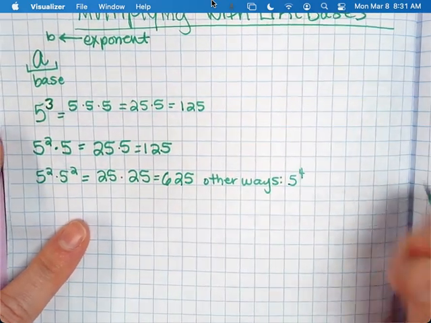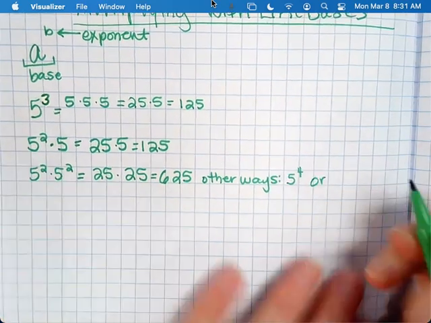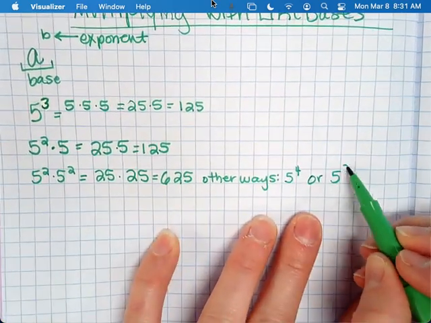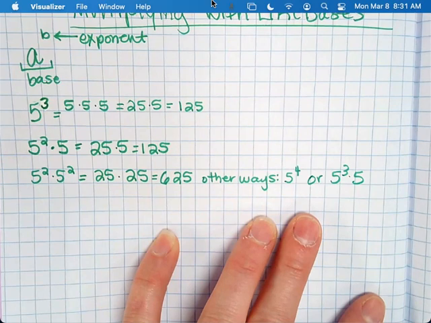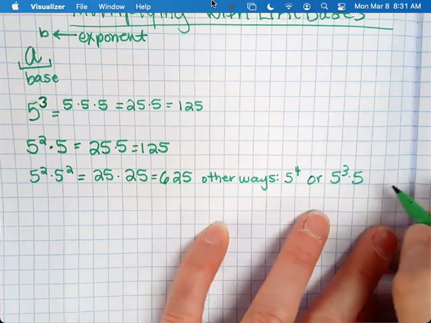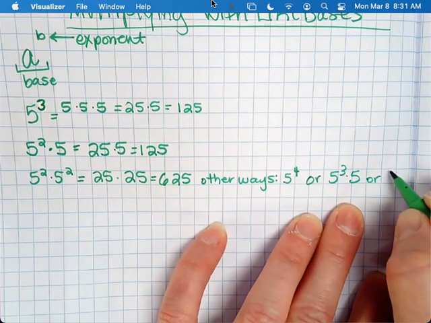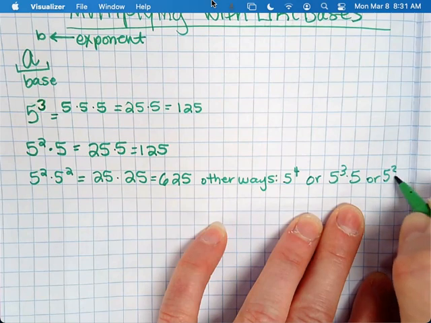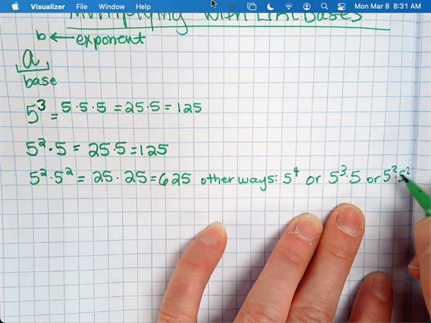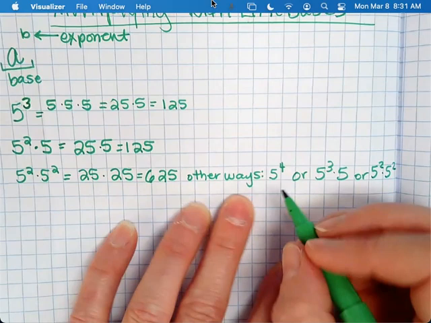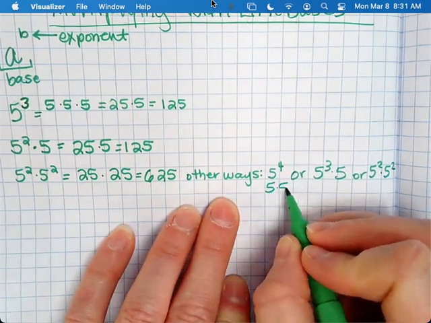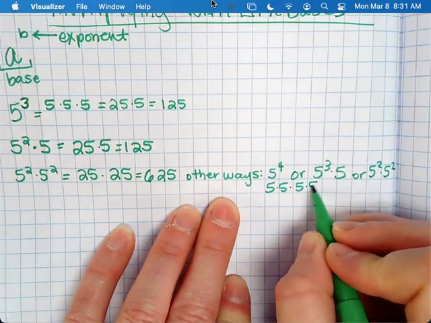How else could we write it? 5 squared times 5 squared. Oh, that was the same thing that we had.